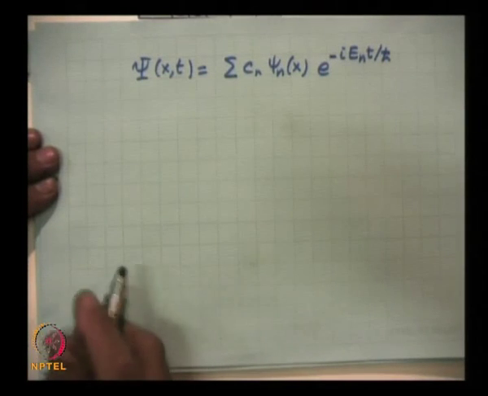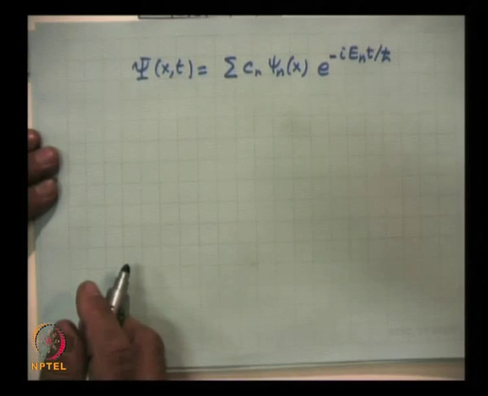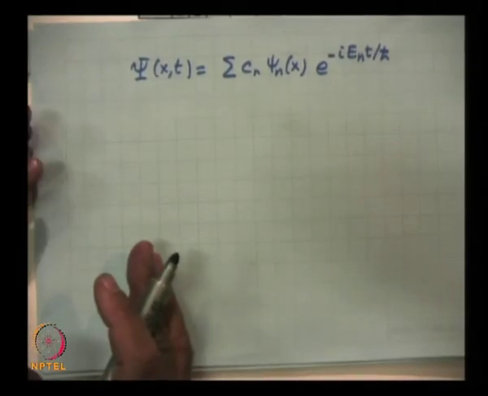Even for the linear harmonic oscillator problem, you obtain an infinite number of discrete eigenfunctions, just as in the particle in a box problem.